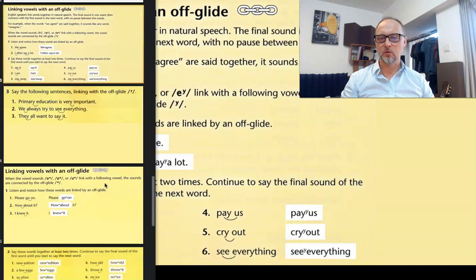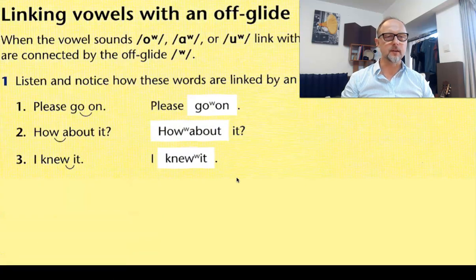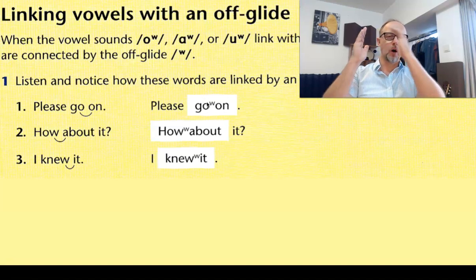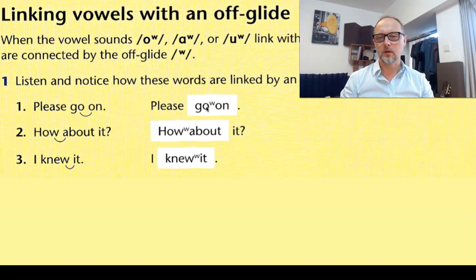We can also link with the off-glide W, right? So when the vowel sounds O, ow, or oo, link with the following vowel. The sounds are connected by the off-glide W. So please go on, right? Go on. Here it's awe. How about it?